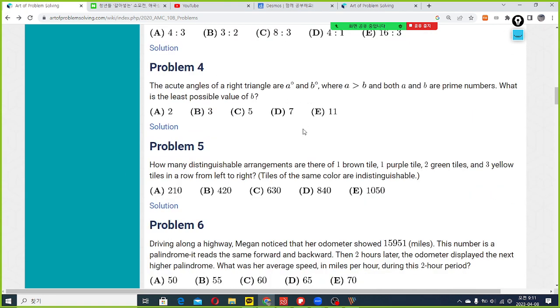And number four. Can you find the answer?